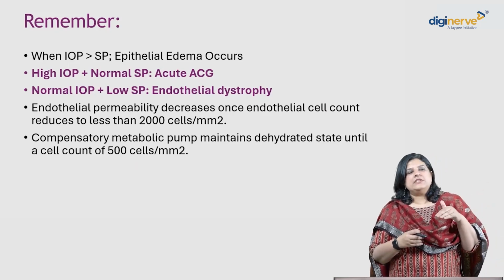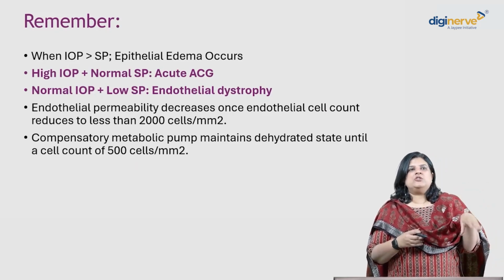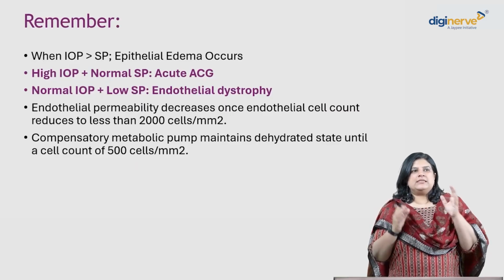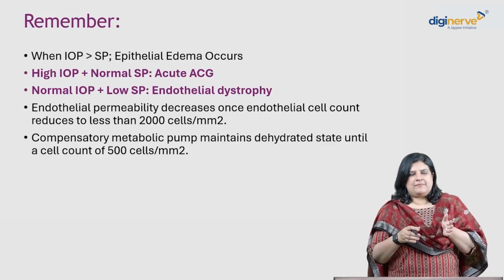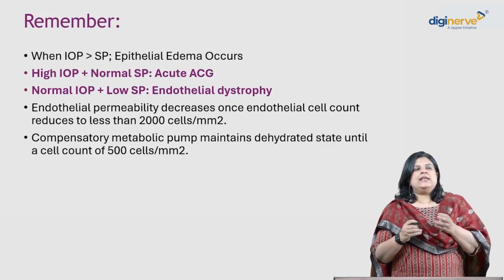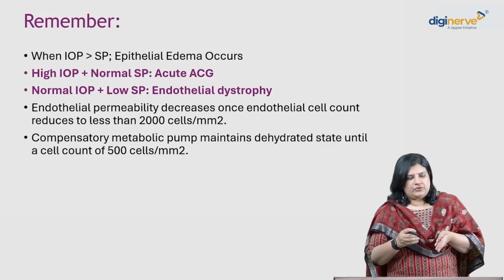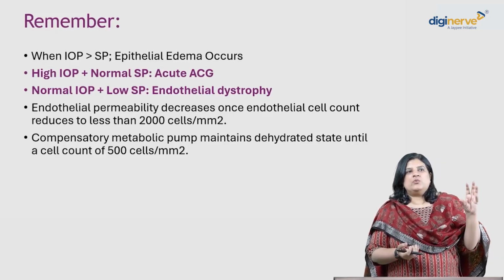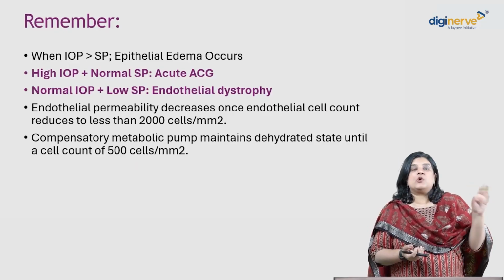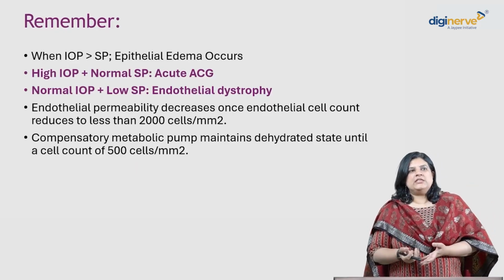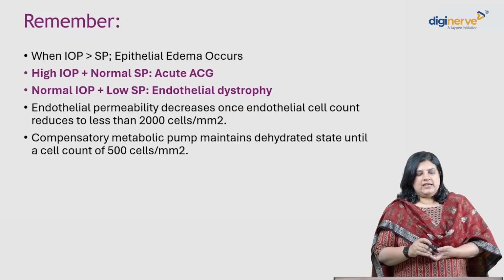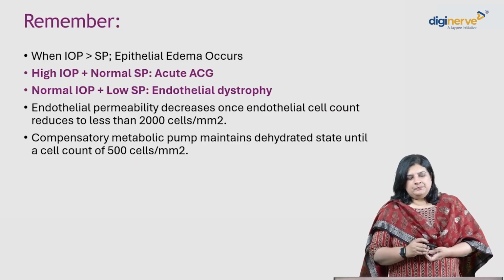Or we can have another scenario where the intraocular pressure is normal, but the stromal pressure is low. So eventually this equation will come out to be the same. And this usually is seen in Fuchs corneal endothelial dystrophy. So you have to recognize what is the change that is happening in intraocular pressure, the associated comorbidities, and figure out the exact pathology that is leading to the corneal edema.